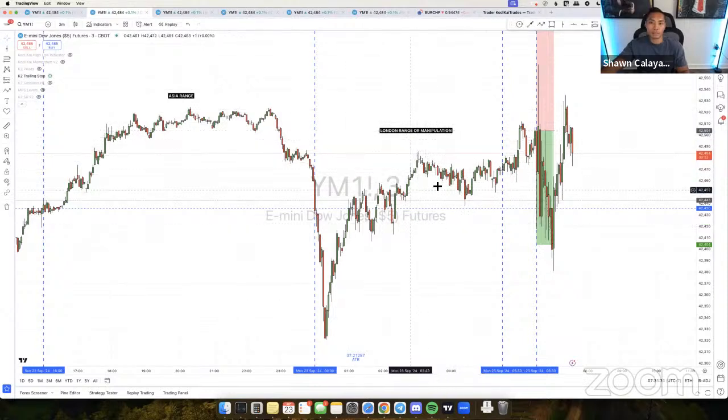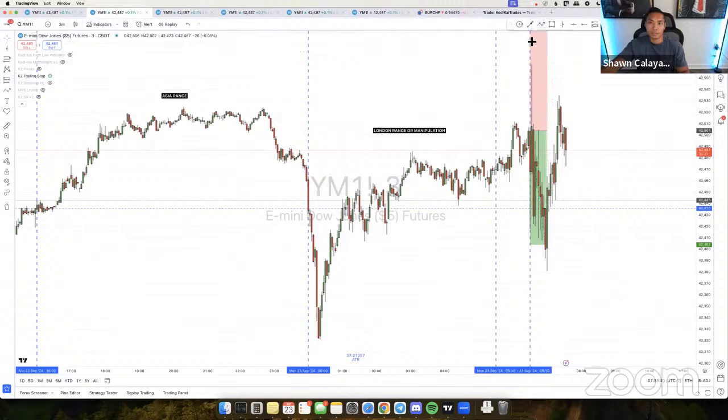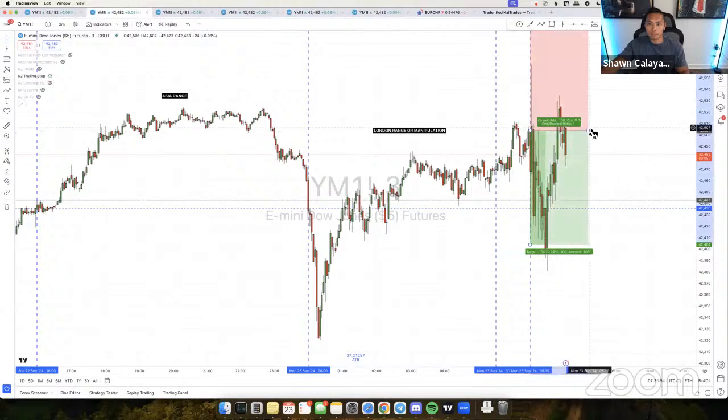For me personally, I probably see this as a range. I don't think this is really manipulation, because there's a manipulated push right here, but then it just ended up ranging throughout this area. So there's a lot of different things that could have been deciphered from this.